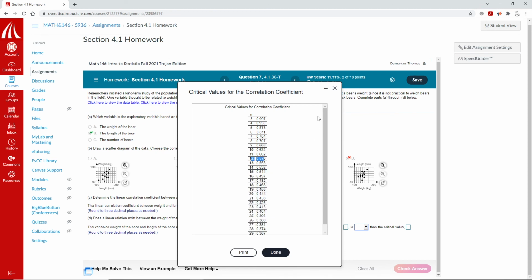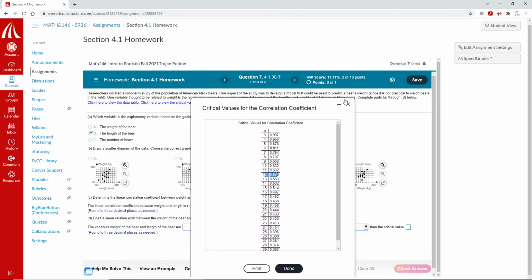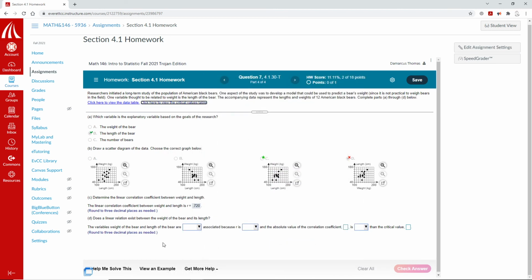If your R is more than 0.576, especially if it's a random sample, an SRS, then that's enough to say that there is a relationship and association between those two variables.